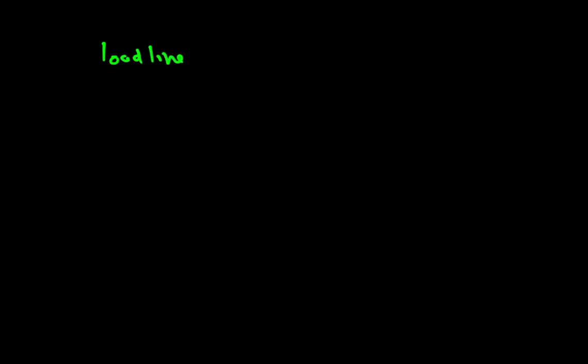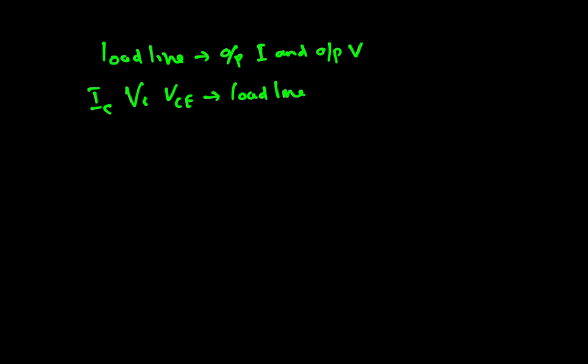So load line is the graphical representation of output current and output voltage of a transistor circuit, and we have seen that in the case of a transistor in zero signal condition, the IC versus VCE is called the load line. We call it the load line, which gives all the information provided by the output characteristics of a circuit.